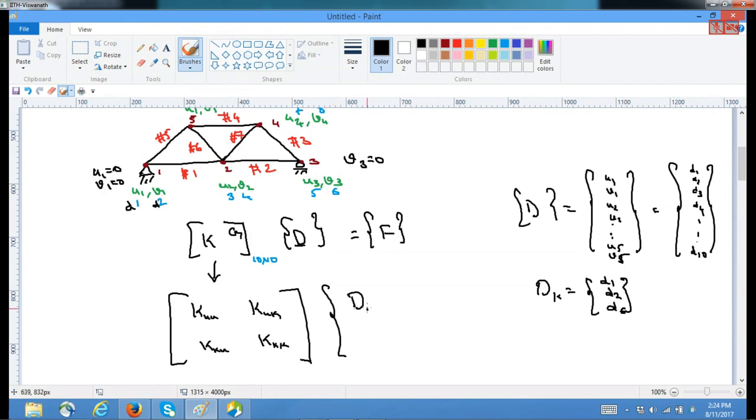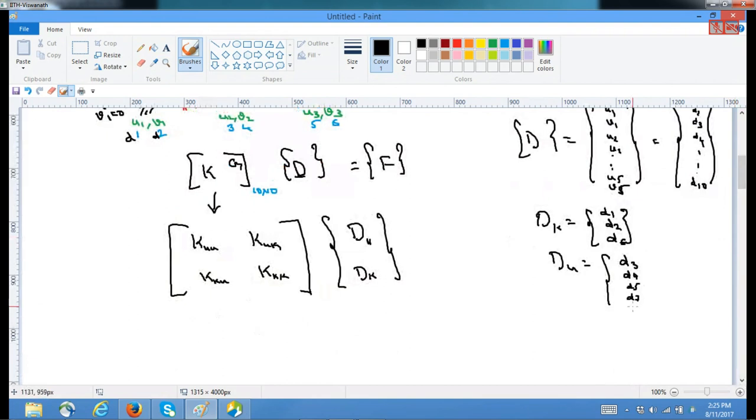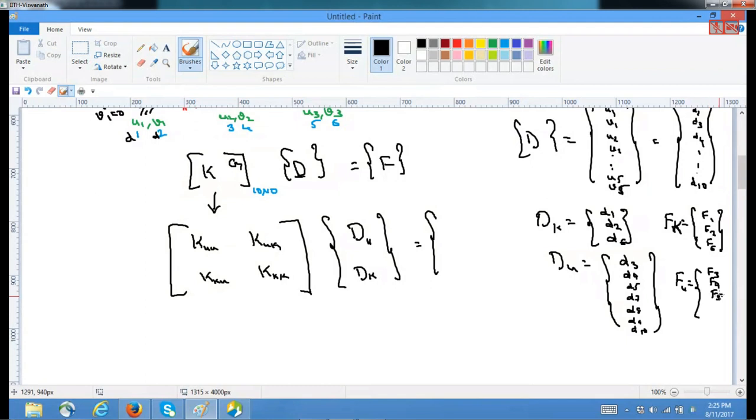Then I can write it as d unknowns and d knowns, where the unknowns are d3, d4, d5 and d7, d8, d9 and d10, equal to the corresponding forces: for the known, f1, f2, and f6, and corresponding fu are f3, f4, f5, f7, f8, f9, f10.